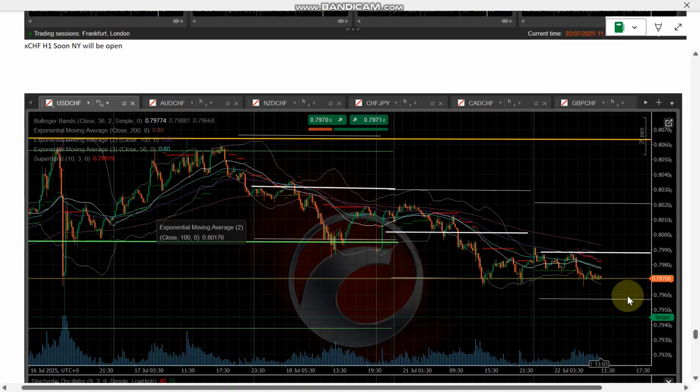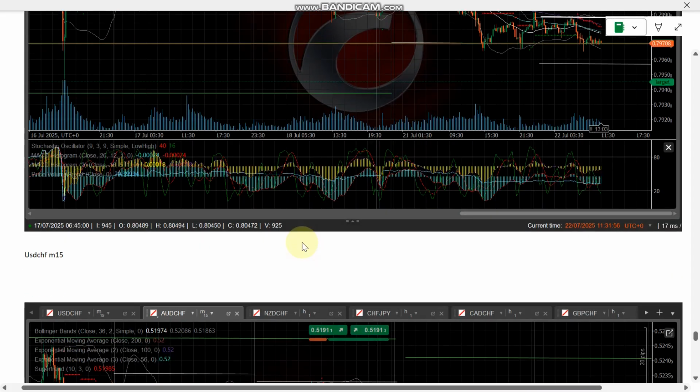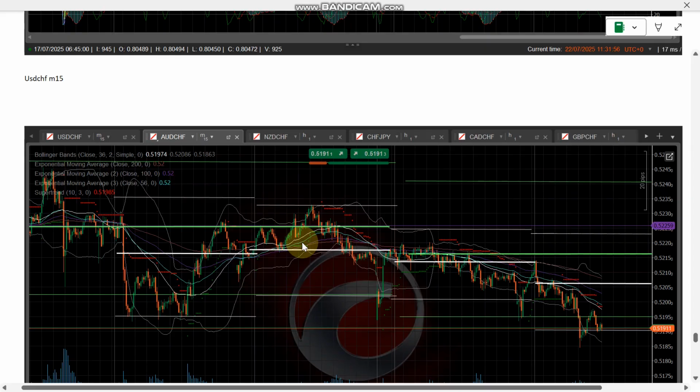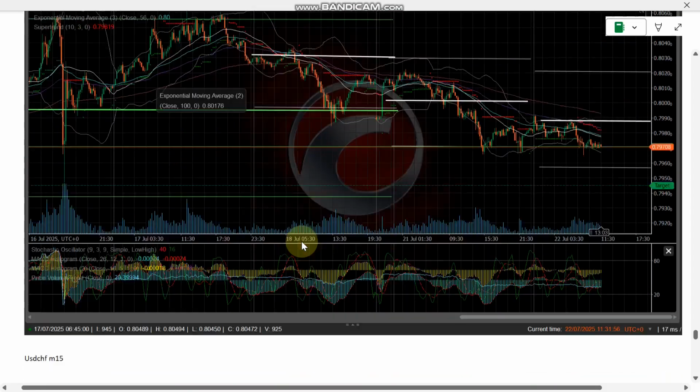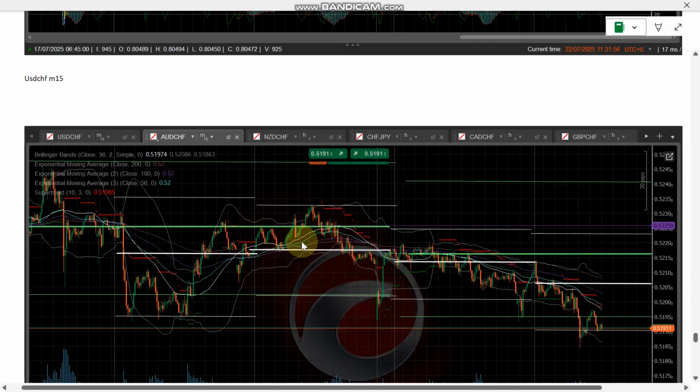US is weak, and 1 hour today starts London and New York. Will they hold this or come to touch this? What was that? US Swiss franc. Now I go to Aussie Swiss franc.